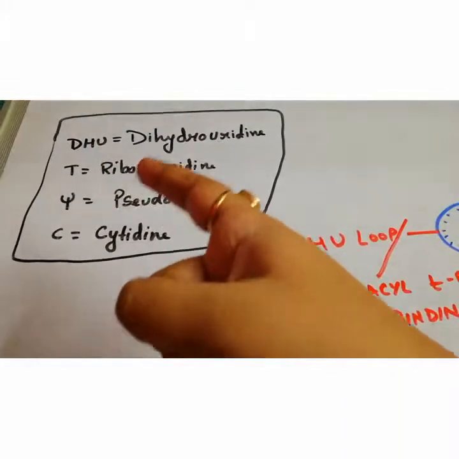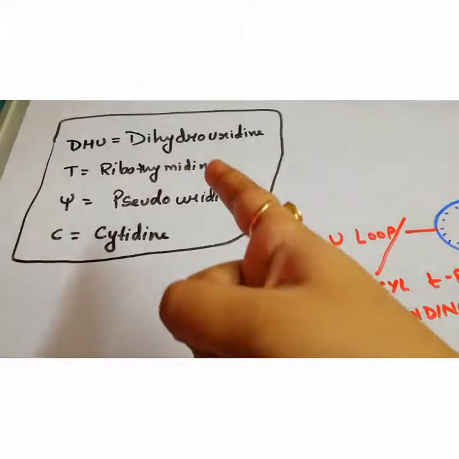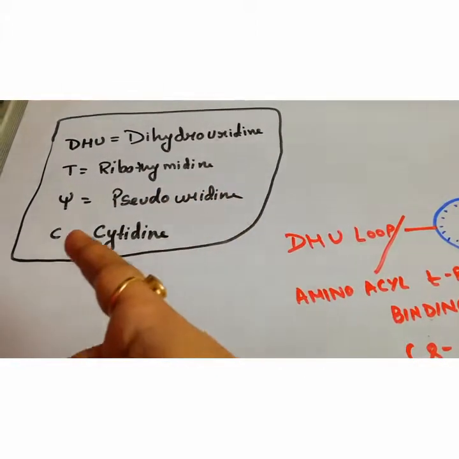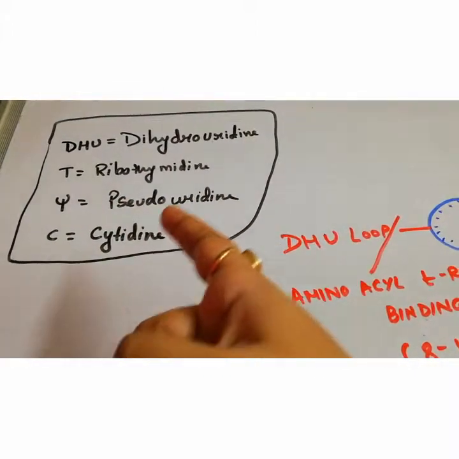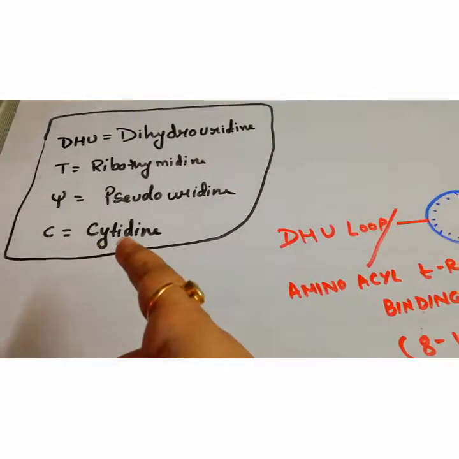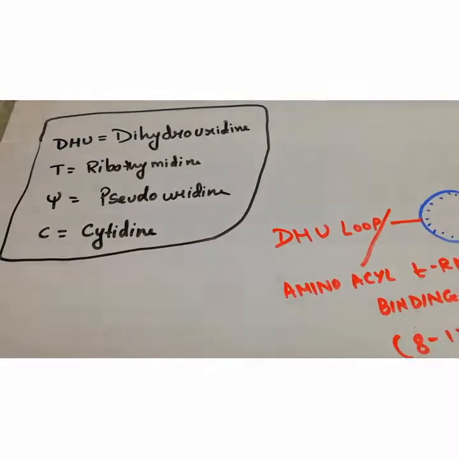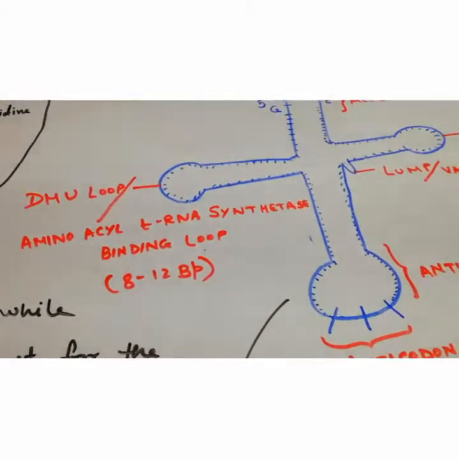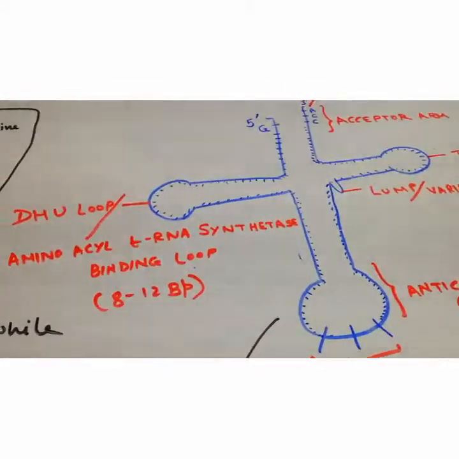So DHU stands for dihydrouridine, T stands for ribothymidine, Psi stands for pseudouridine, and C stands for cytidine. So these are the actual names that belong to all these abbreviations that I have written here.